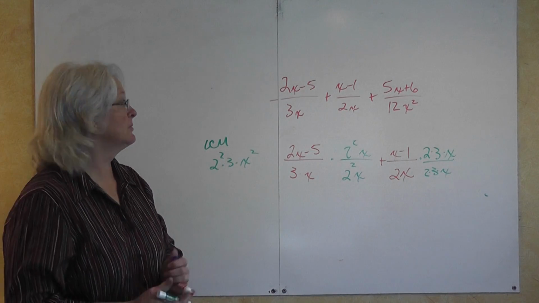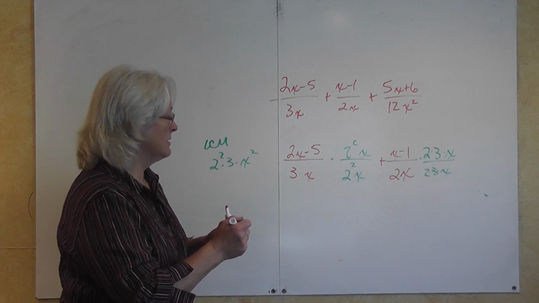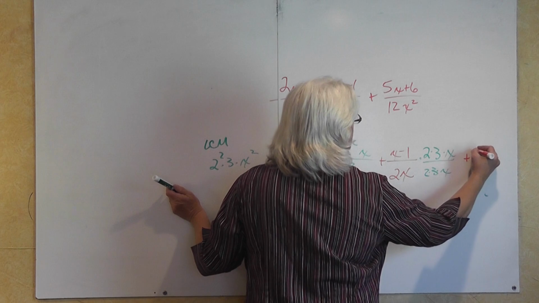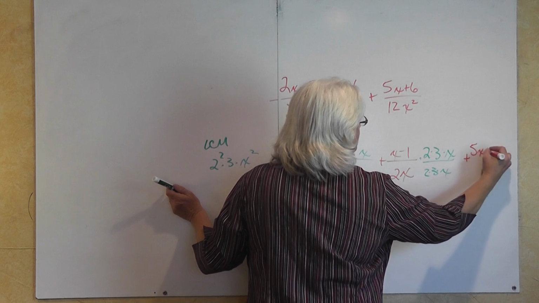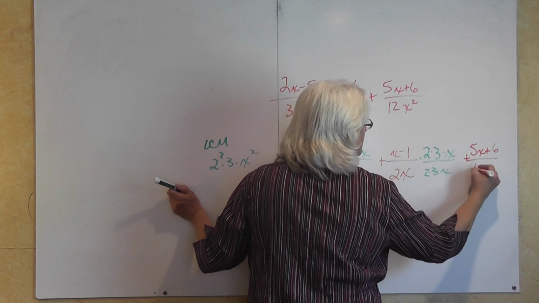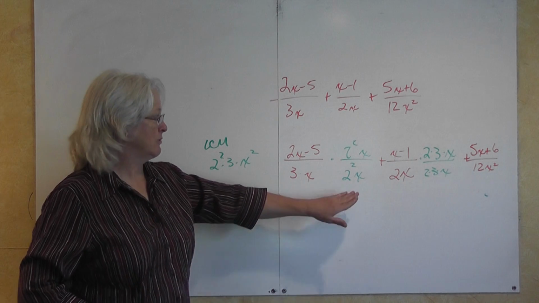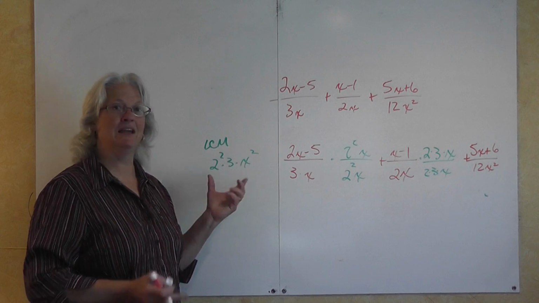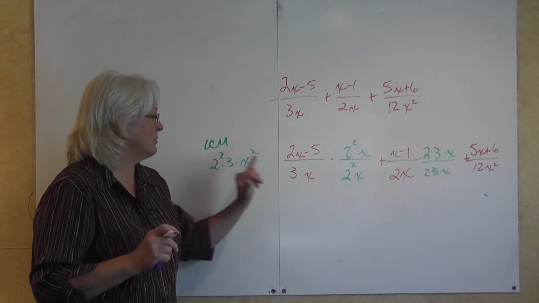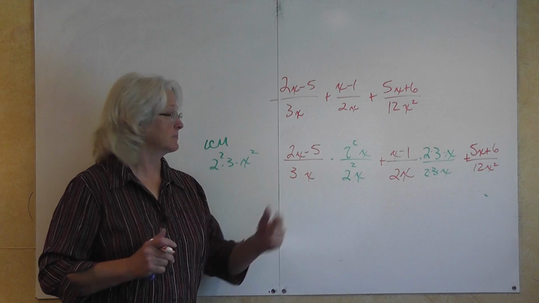And for our third term, the 12x squared is our common denominator, so we're not missing any factors. Plus 5x plus 6, all of this over 12x squared. I wrote it so that you would see the concept of using prime factorization and using powers of each factor to help you pick out what's missing.